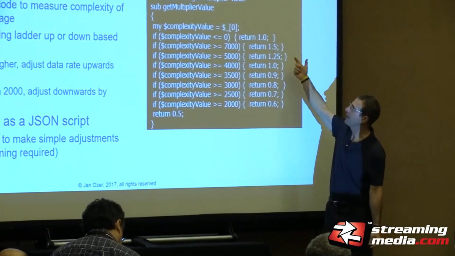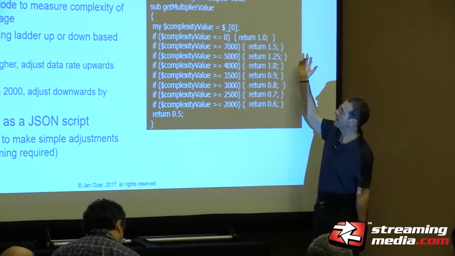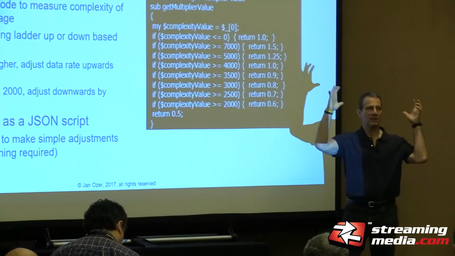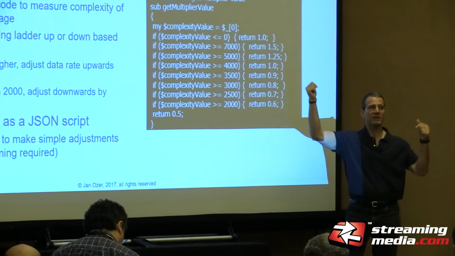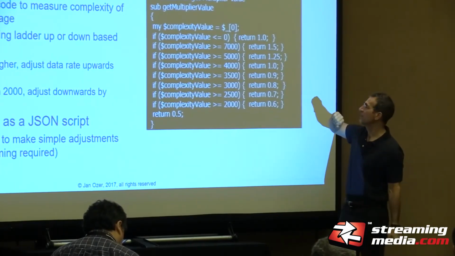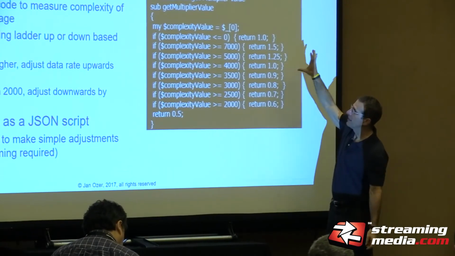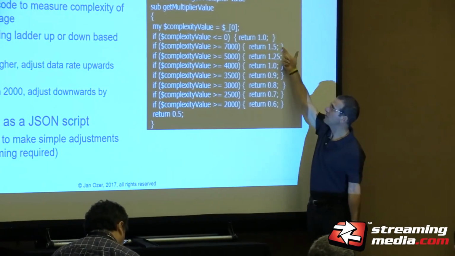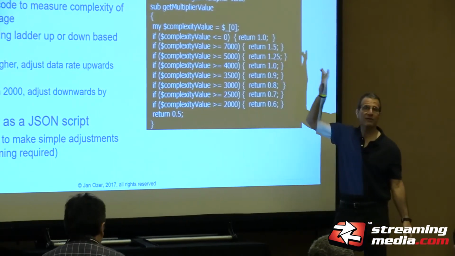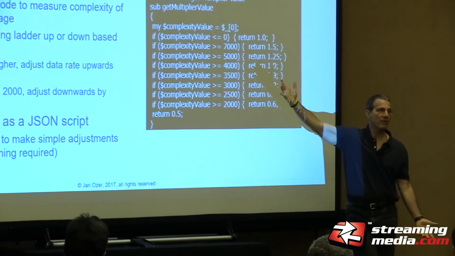Basically, first you set your standard encoding ladder, right? And that was the encoding ladder we saw way back at the start, the seven rung ladder. And then it says, OK, if the file comes back and it looks very complex, raise the data rate of every rung on that ladder by 1.5%.